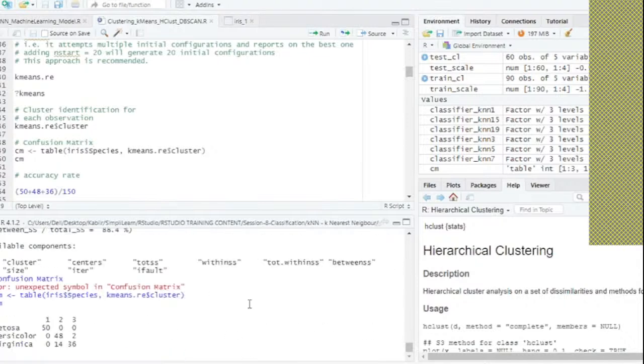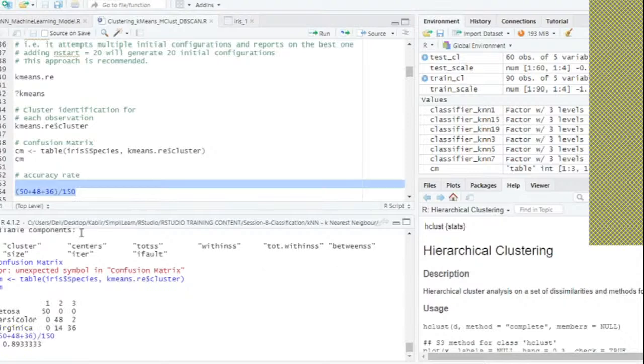I get this confusion matrix, right? And the accuracy rate comes to be 89%.